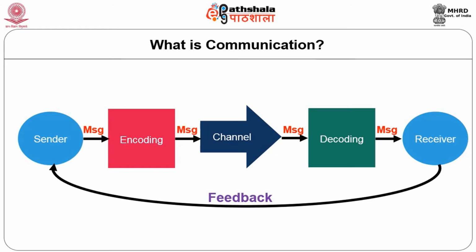A message is then encoded, and encoding means message has to be converted into a method that is suitable for the medium that has been chosen, and then after encoding a message, it is put into a channel that is accessible to the receiver, and the receiver takes the message through the channel, and the process of taking the message through the channel and understanding is called decoding.